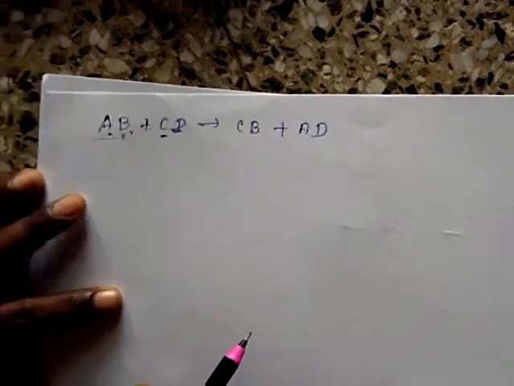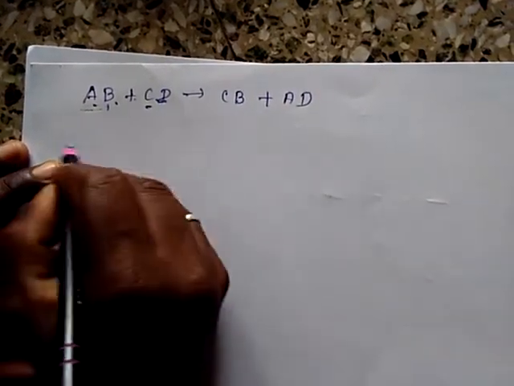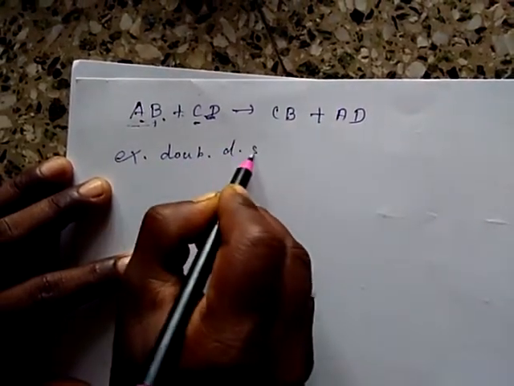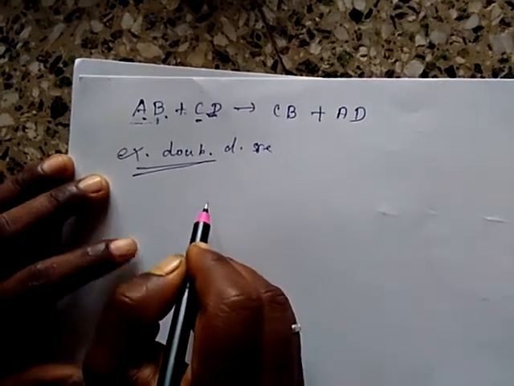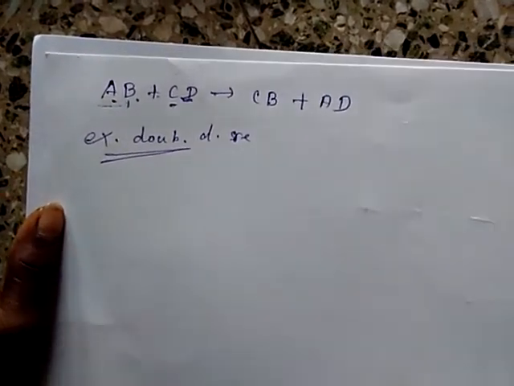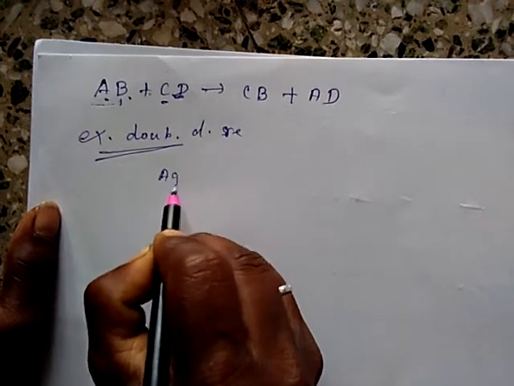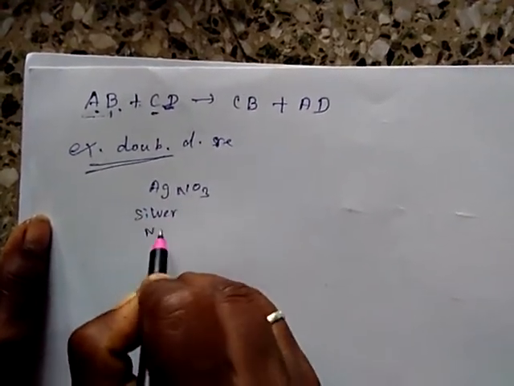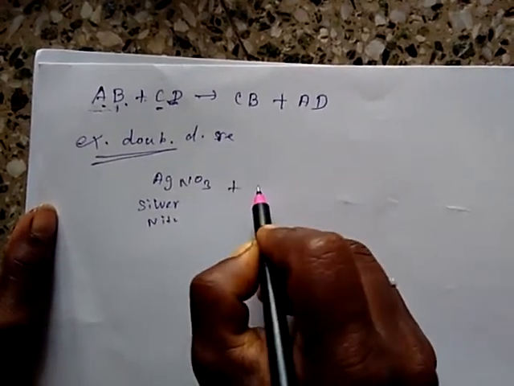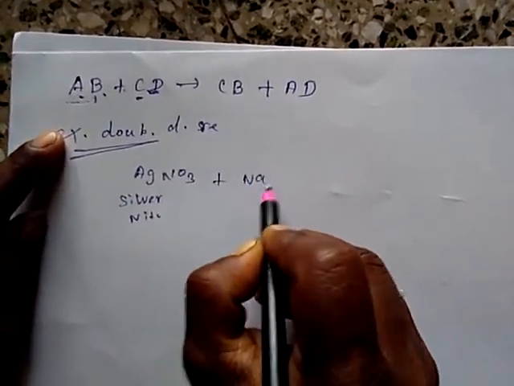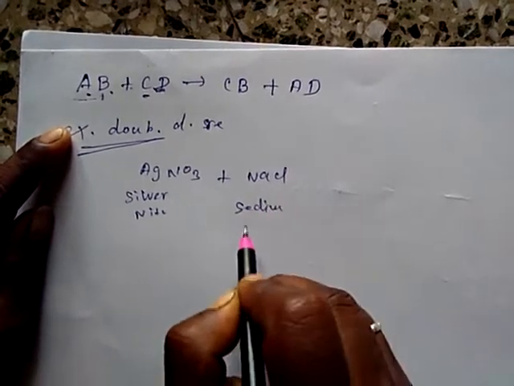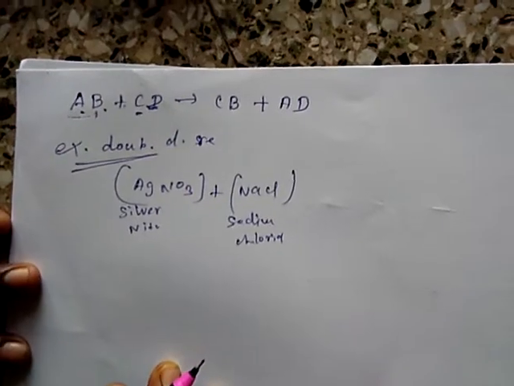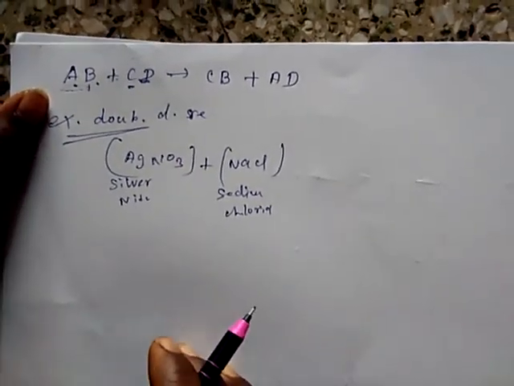Now let's look at some examples of double displacement reactions. We have here silver nitrate and sodium chloride. Let's analyze the reaction.